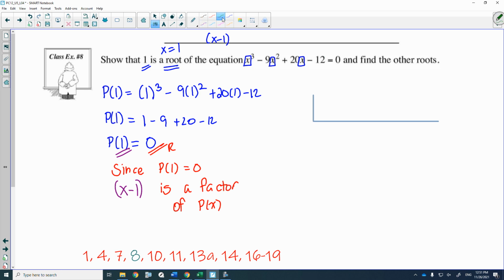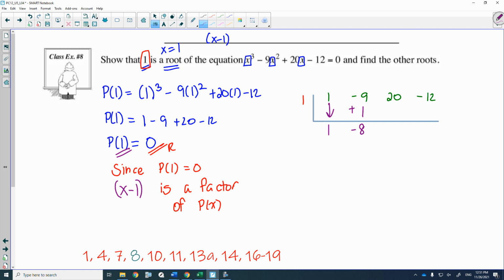Using your upside down division bar, let's enter the coefficient of each term. So 1, minus 9, 20, and minus 12. We want to input the root of the divisor, which is 1, and then we're going to carry out synthetic division. Drop your first term, and you get 1. When you add, you're going to get negative 8.